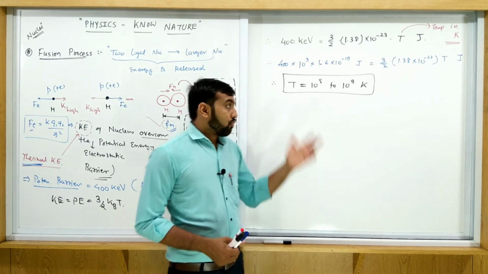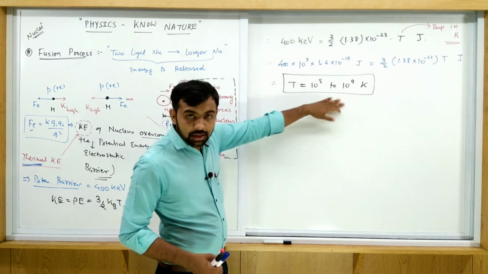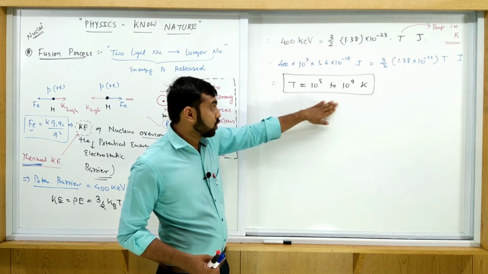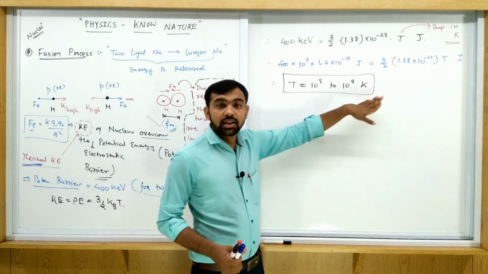So the fusion process takes place when the temperature is in the range of 10 raised to 8 to 10 raised to 9 Kelvin.